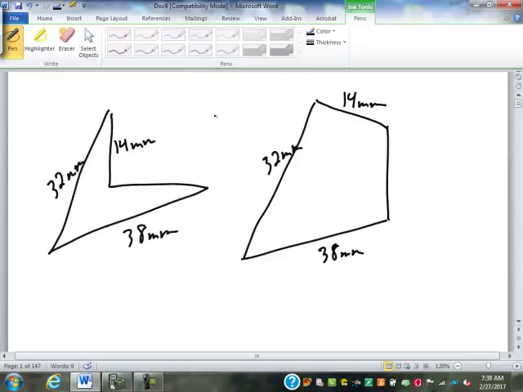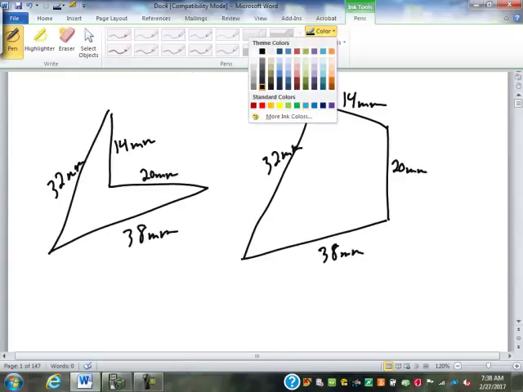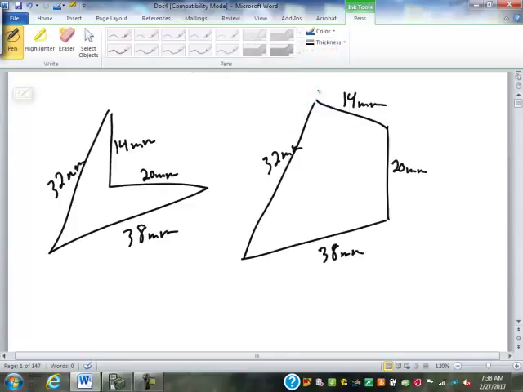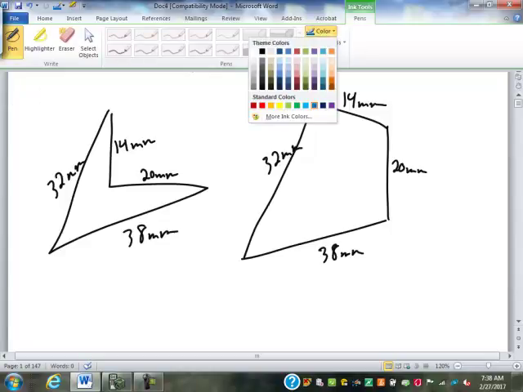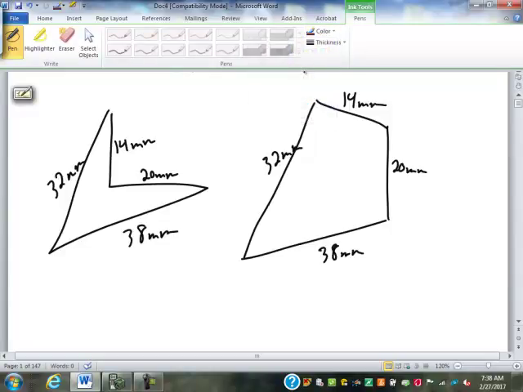But obviously, they're not equal, they're not the same, and they're not even similar, because there's no way that one's an enlargement or the reduction of the other. When it's triangles, because it's only three sides, they have no choice but to be the same if they have the same sides. So when we're dealing with polygons, we have to have not only the same sides, but also the same angles.